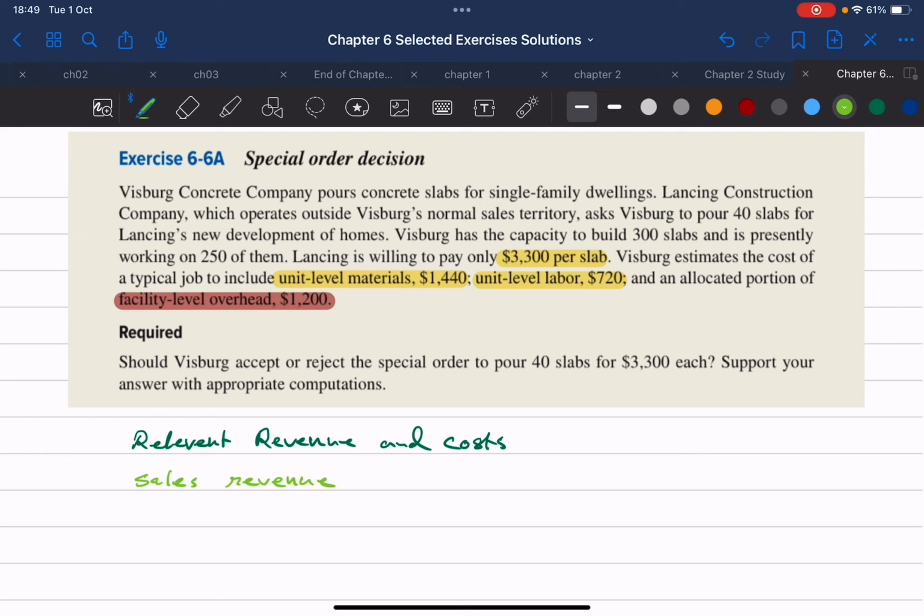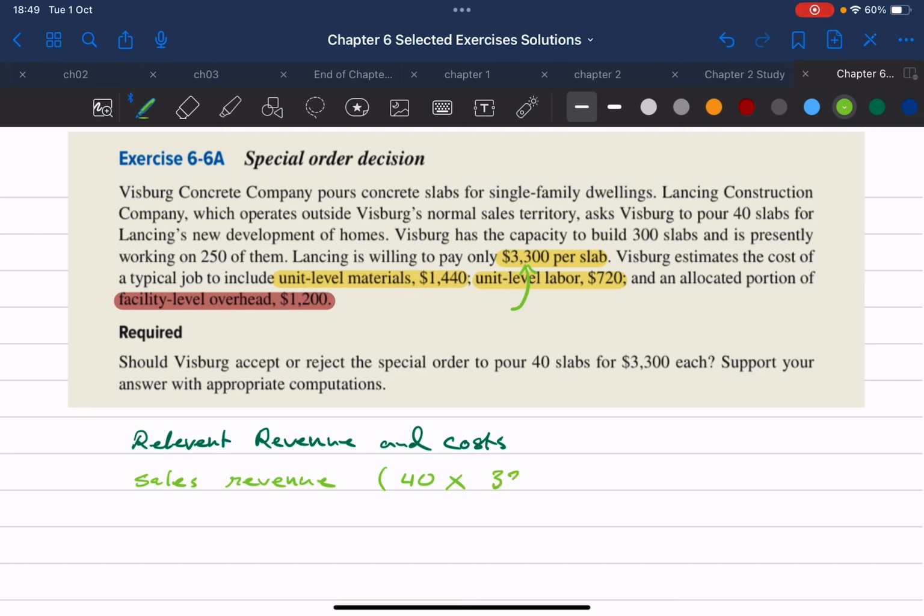if we take that order for the extra 40 slabs, is going to be 40, which is the number of extra slabs, multiplied by the selling price, which was here, right? 3,300 per slab that Lansing Construction is offering us.